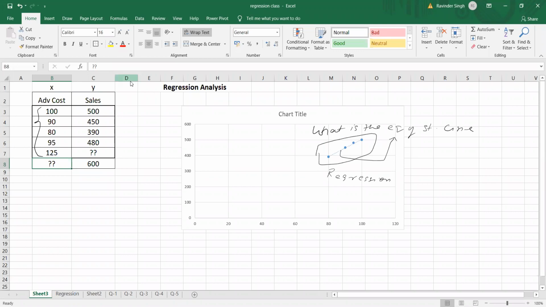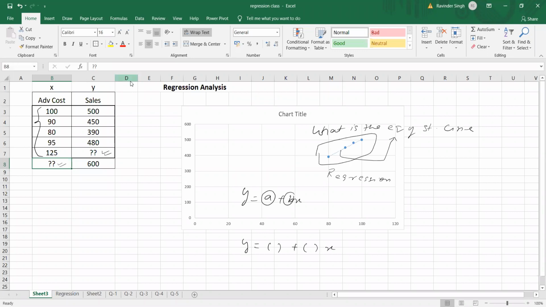But when we want to predict values of the future, I should have an equation for this straight line in the form y is equal to a plus bx. If you can find the a and b values and put them in, you will get an equation like y is equal to some value plus some value times x.